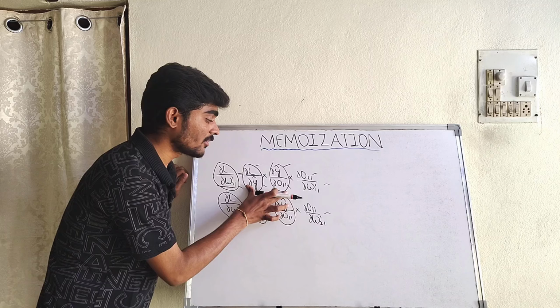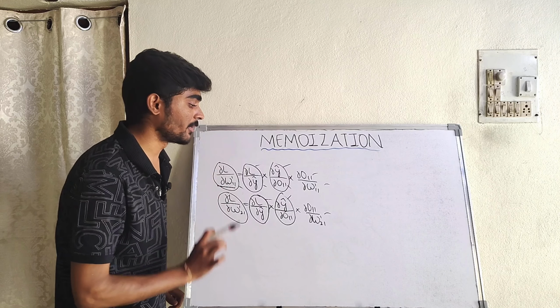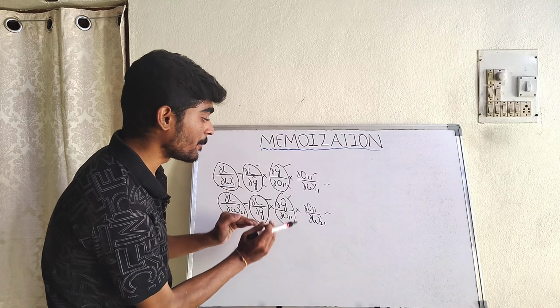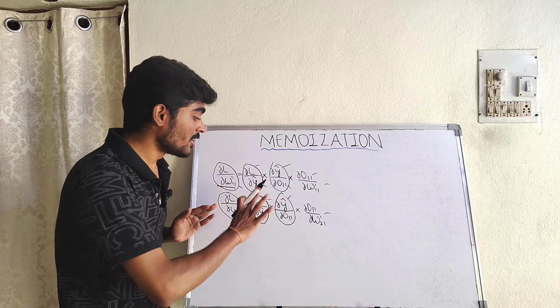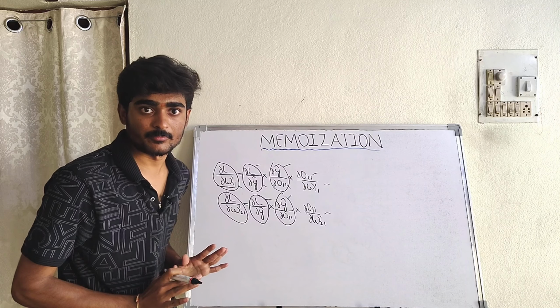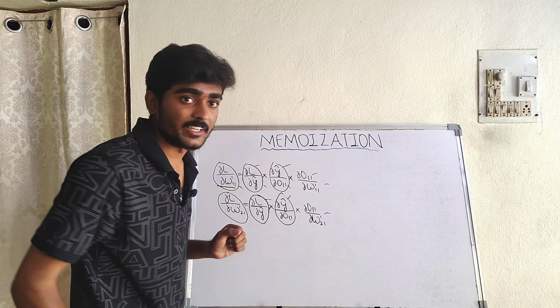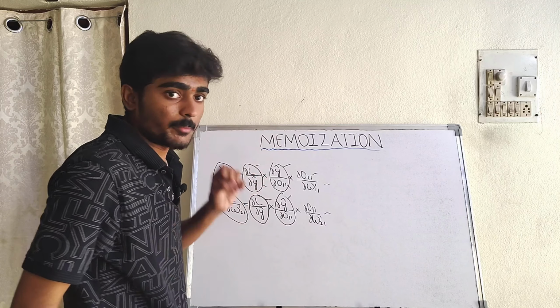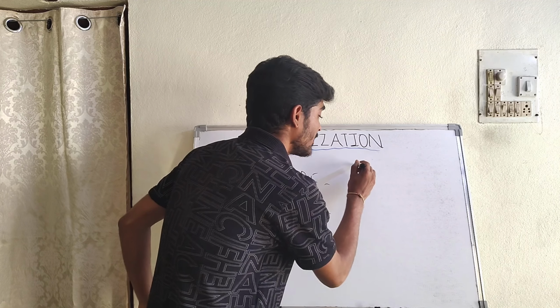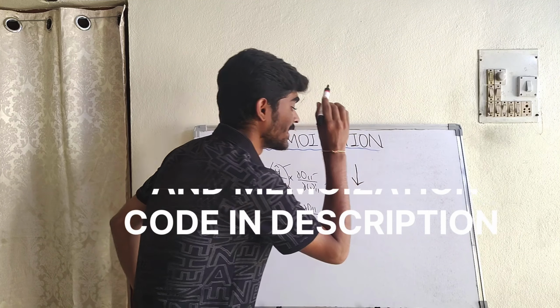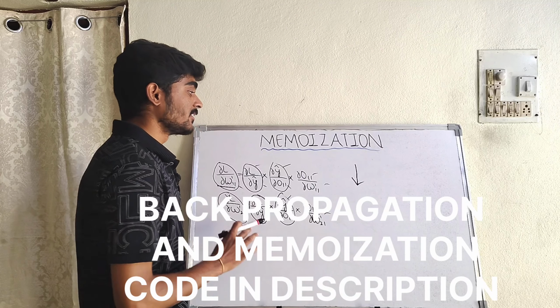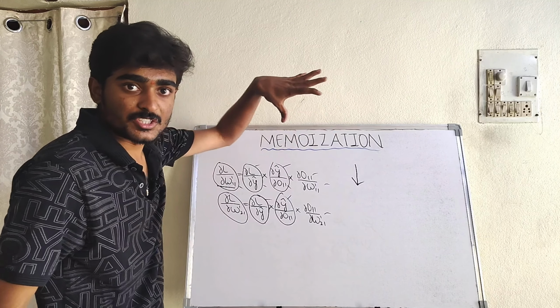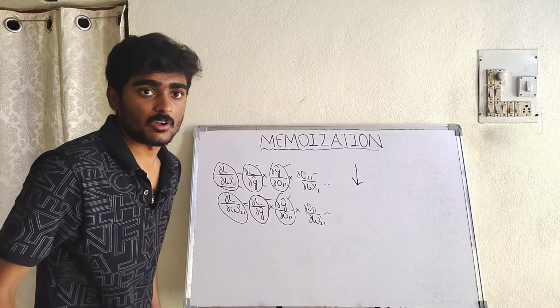You store both of these derivative values in the internal memory, and when they reappear in the derivative calculation, you use them from the internal memory. Instead of recalculating, you use them from the memory, due to which the time complexity will be completely reduced. This is how we use the memoization concept in the backpropagation algorithm.